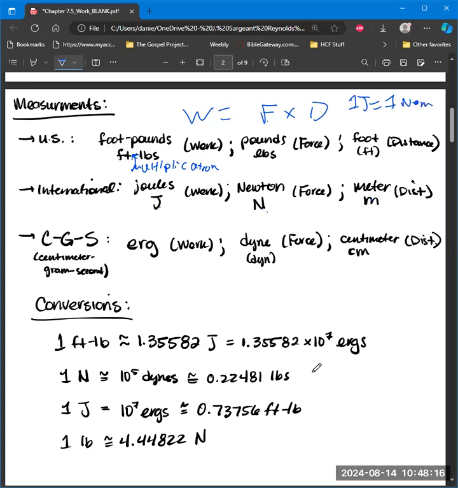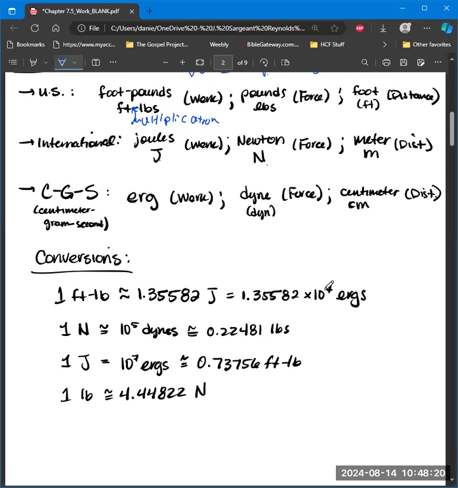So in the centimeter gram second system, this is a little bit different than what we normally use with the metric system. But we have work as measured in ergs, E-R-G, and the unit of force is going to be the dyne, D-Y-N-E, that will abbreviate dyn, and the distance will be in centimeters.